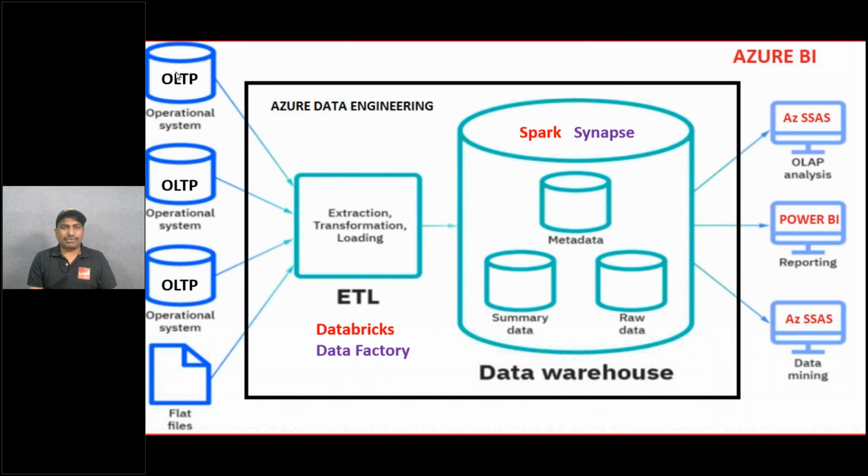Now I repeat: open source ETL, Microsoft ETL, open source warehouse, Microsoft warehouse. Open source ETL, Databricks; Microsoft ETL, Data Factory. Remember, same way, Microsoft warehouse, Synapse; open source warehouse, Spark.